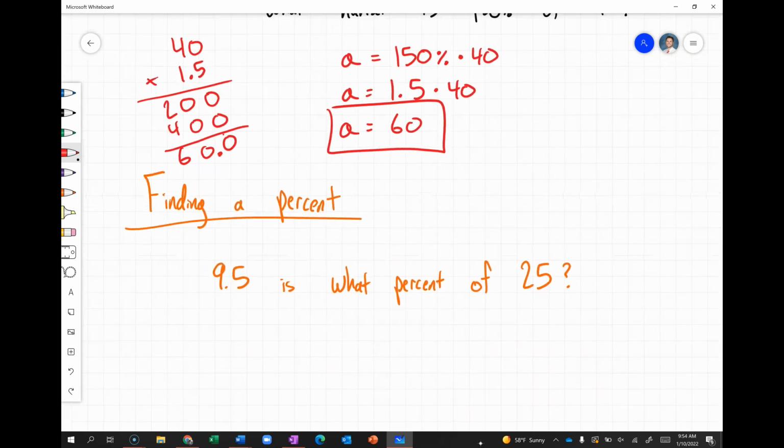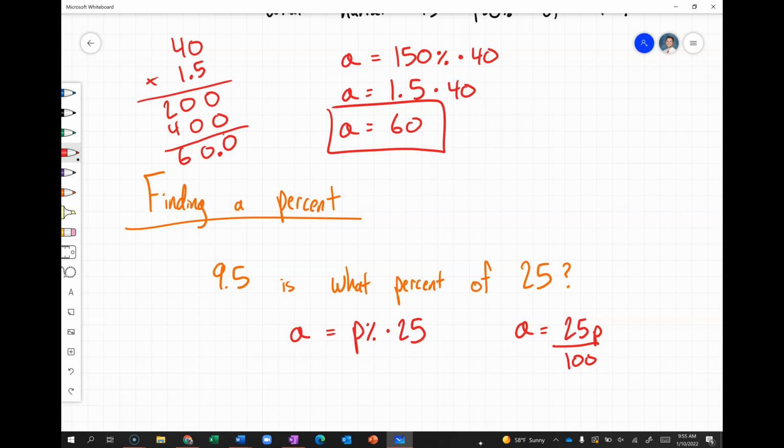Okay, so we can also use this equation to find the percent. So this time we have 9.5 is what percent of 25? So 9.5 would be A equals what percent? So that's P percent times 25. And again, you could also write that as A equals P times 25, or 25P over 100.